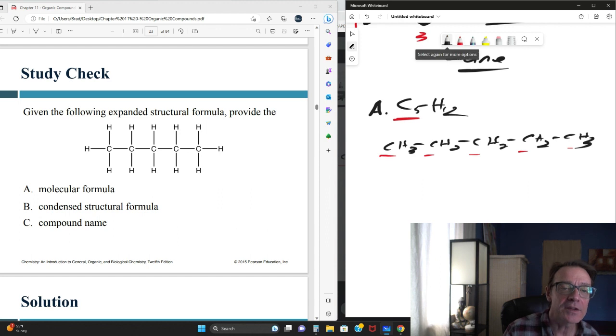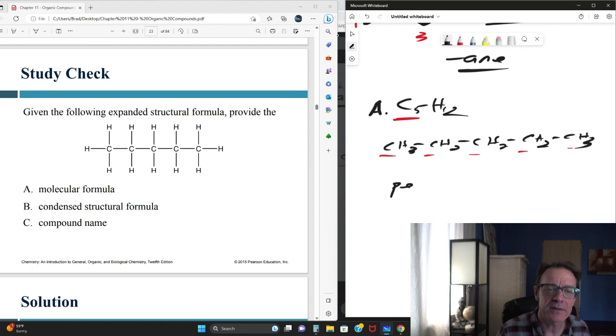We know it's an alkane, right? There's nothing but single bonds. We know it has 5 carbons. The prefix is pent, from slide 17, I think it was, with the suffix ane. So that is pentane, and I'll just do the skeleton.